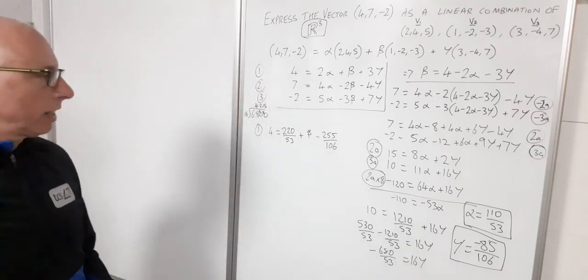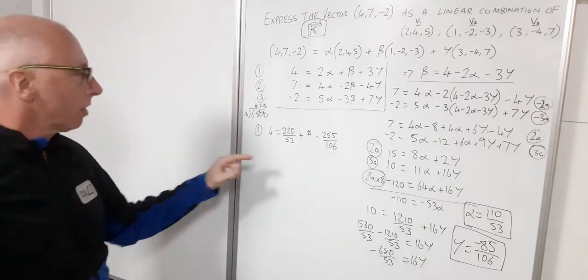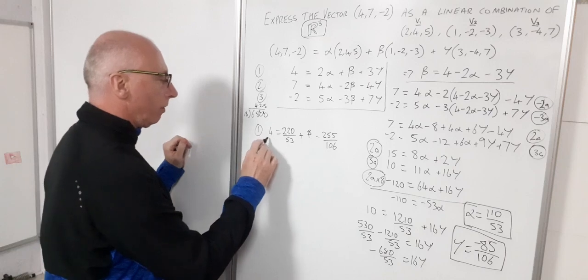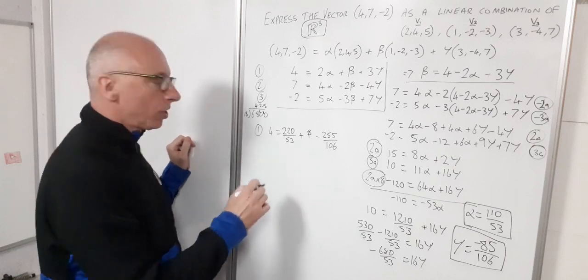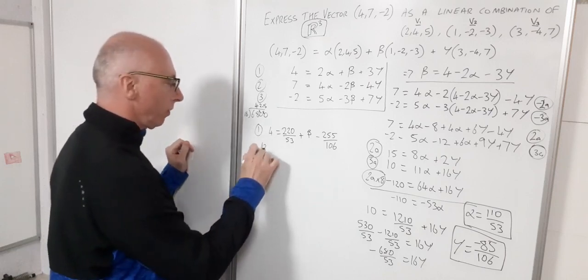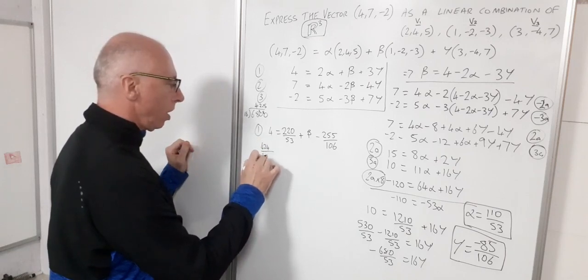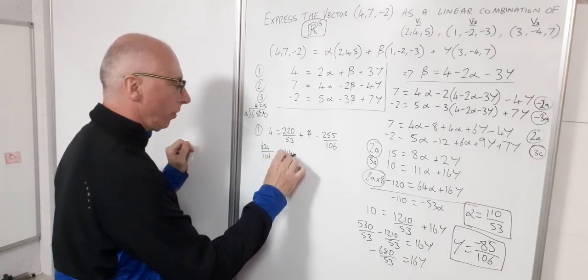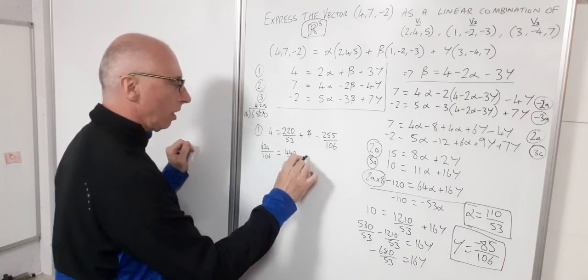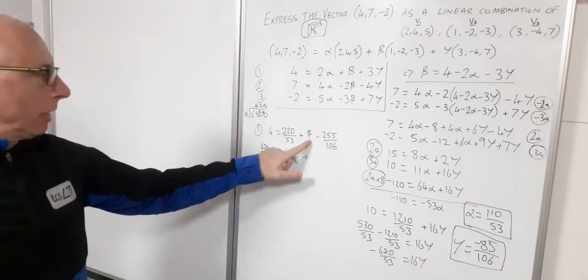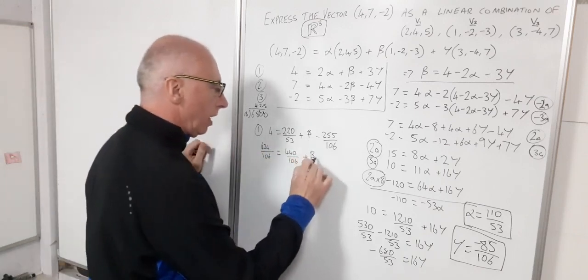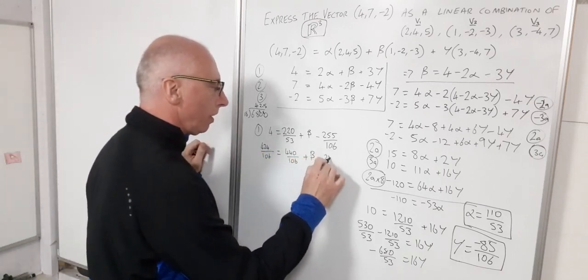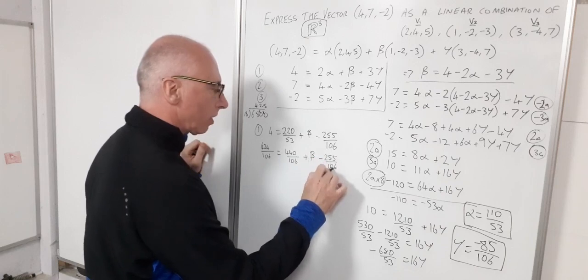Let's get everybody over 106. 4 times 106 is 424, so 424 over 106 equals, times that by 2, 440 over 106, plus beta, and then minus 255 over 106.